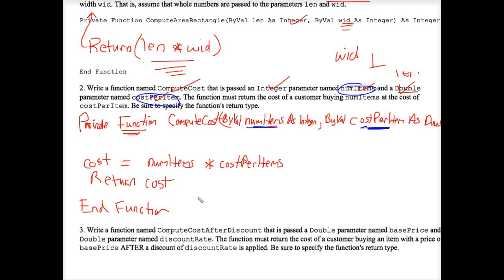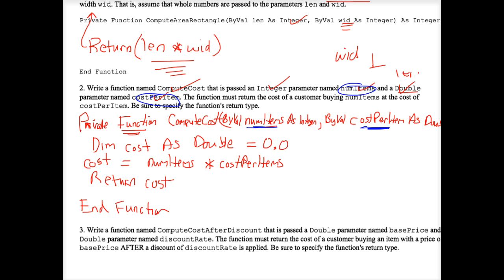That's fine, except we have this variable cost that the computer doesn't know where to come from. So we do need to declare it in a dim statement above this. And that would need to be a double and not an integer. And for good style, you should set it equal to 0 or 0.0 to be really careful.